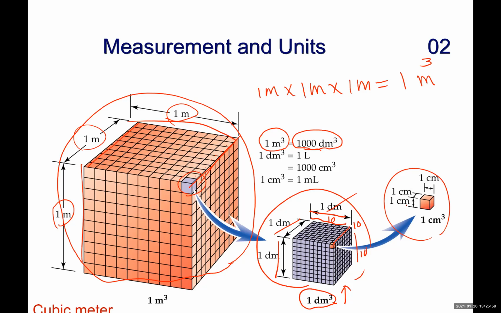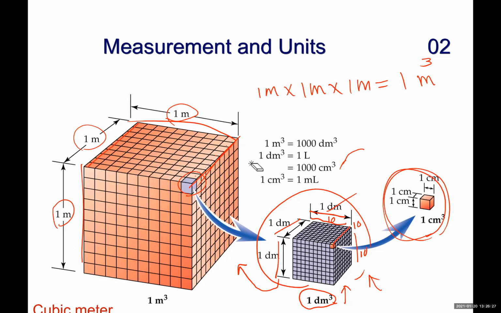Is it fair to say that 1 cubic decimeter is 1,000 cubic centimeter? In other words, there is 1,000 of these cubes in 1 cubic decimeter and 1,000 of these cubic centimeter in 1 cubic meter. And 1 cubic decimeter, which is 1,000 cubic centimeter, is 1 liter.